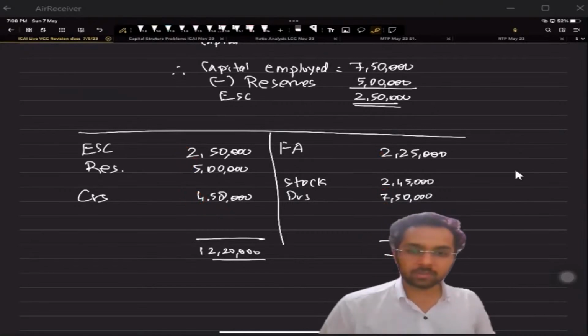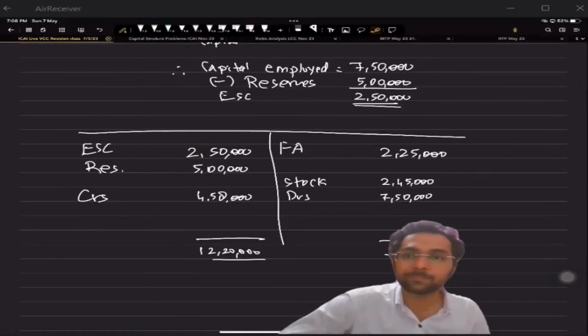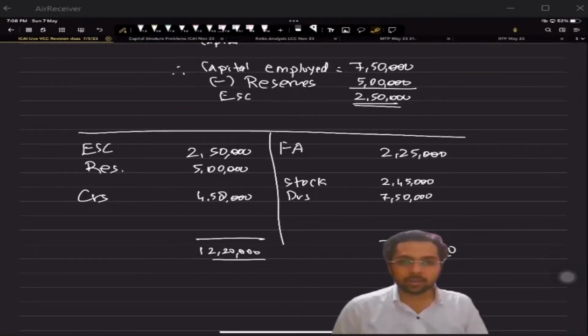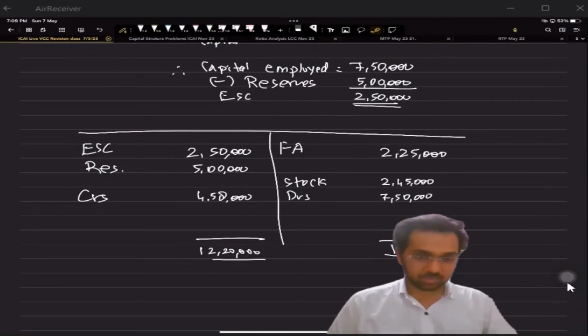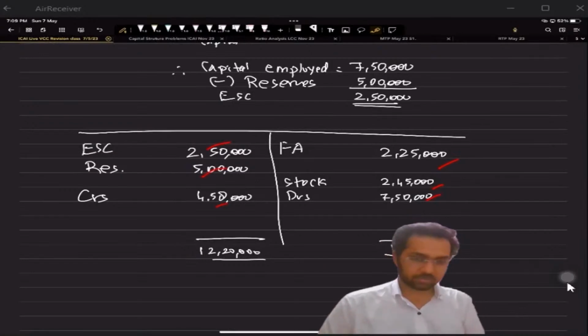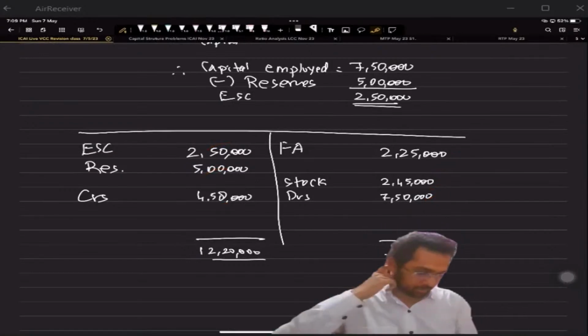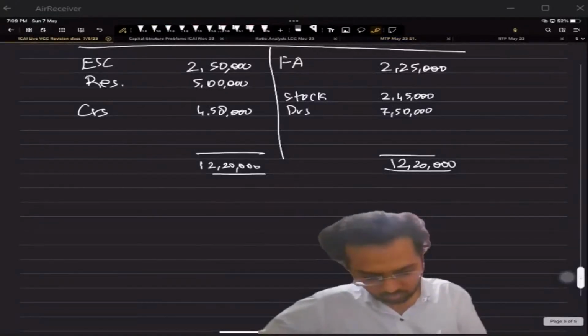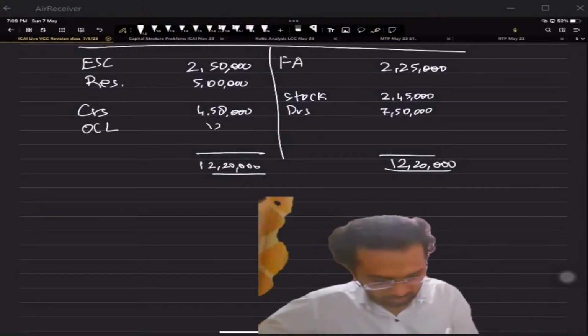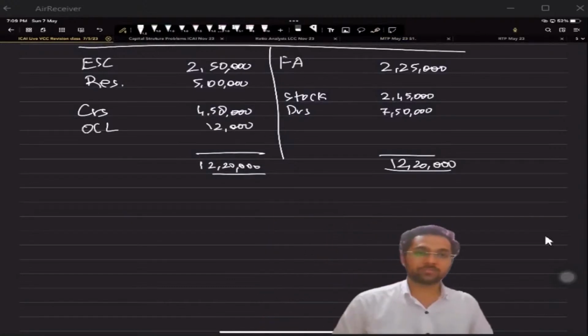Yeah, I think there's a problem with the question itself, guys. Some minor error is there. 7 lakh 50 stock, 245 and 225, 255, and this is correct. So there is some problem in the question itself, guys. Anyways, the correct answer would be to take it as other current liabilities over here, 12,000.